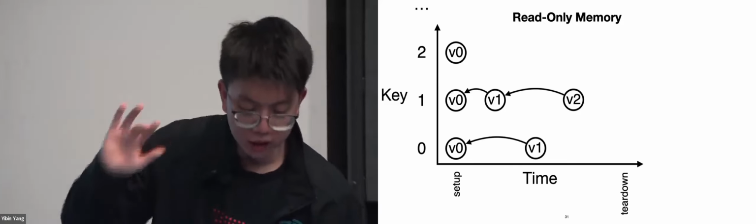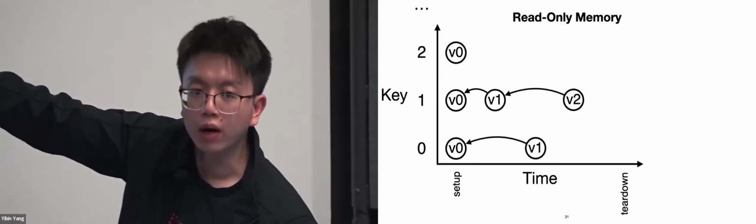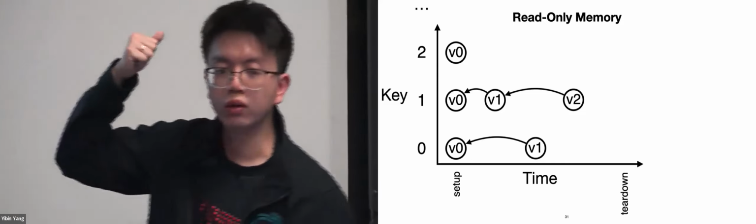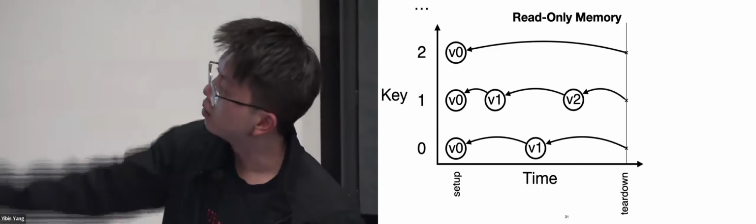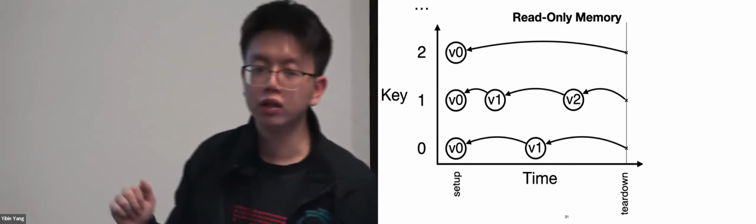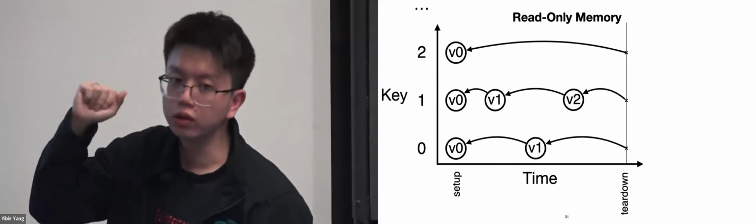Similarly, the next time we read index 1, we consume v1 and create a new version called v2, which is used for the future read. And finally, we tear it down. We say, okay, prover, tell me what the final versions are. You cancel it out, cancel it out, cancel it out. It means that basically the two sets commute to each other.